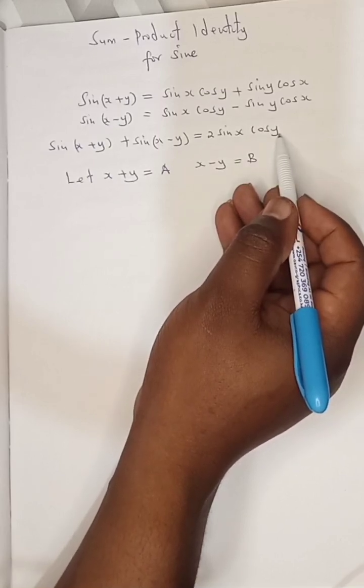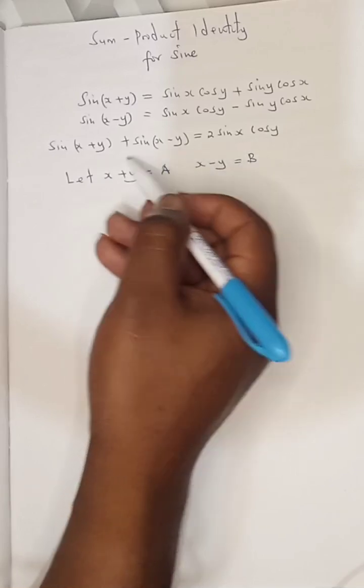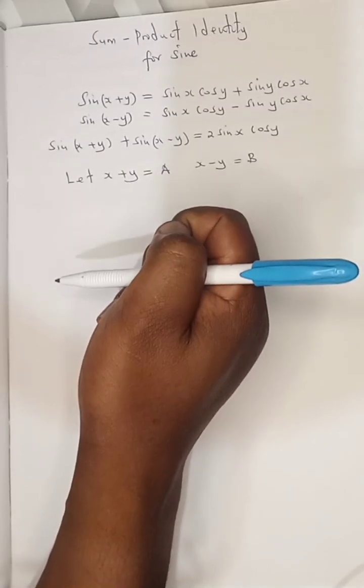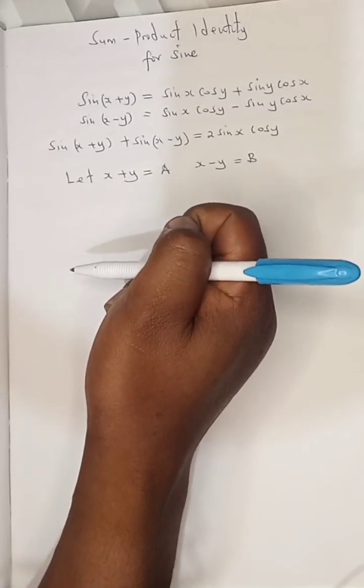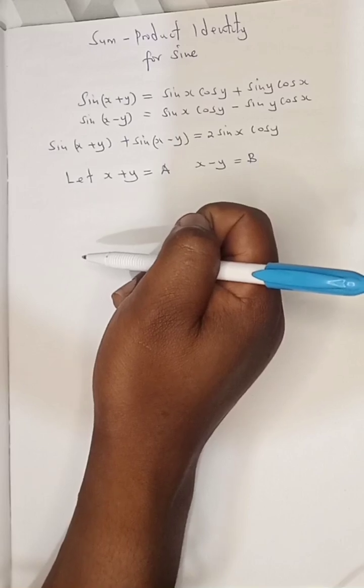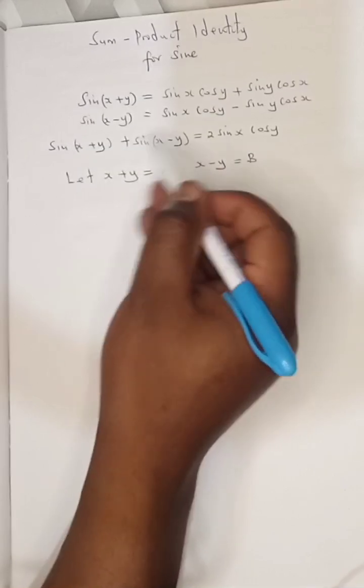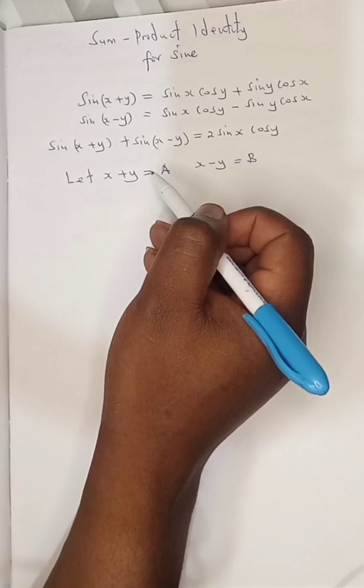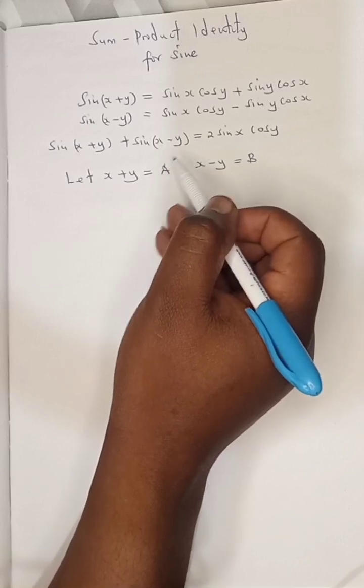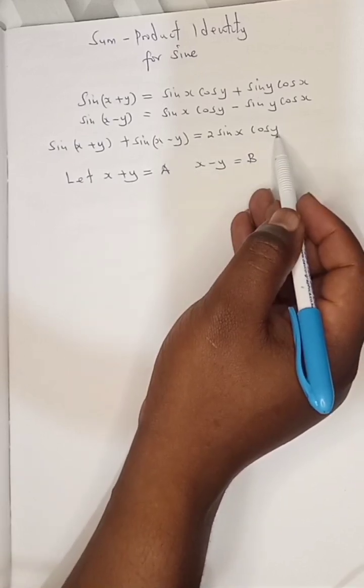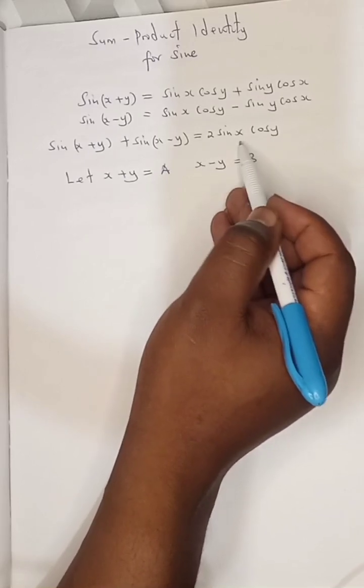But what we want to do here is to ensure that we have letters, so we replace with either A or B, in the form of A and B.